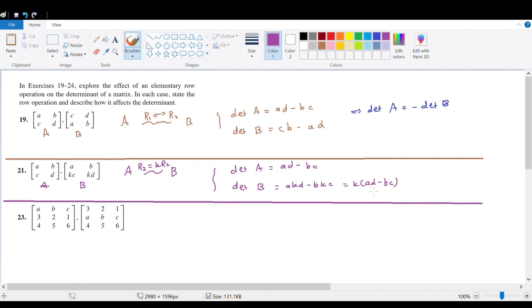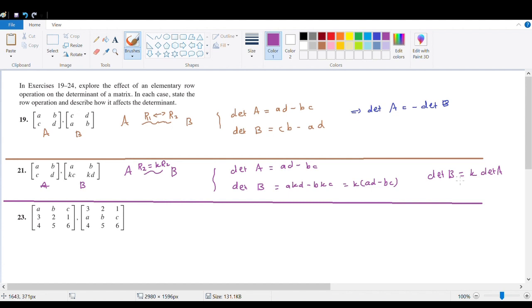Now if we compare the determinant of A and the determinant of B, we find that determinant of B is equal to K times determinant of A.